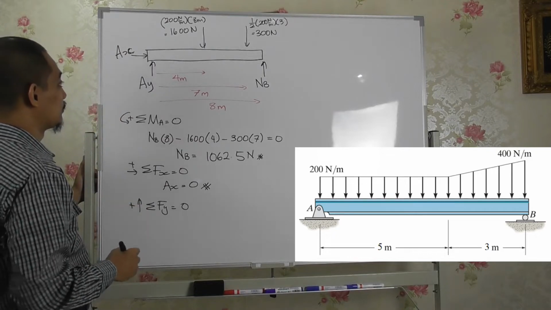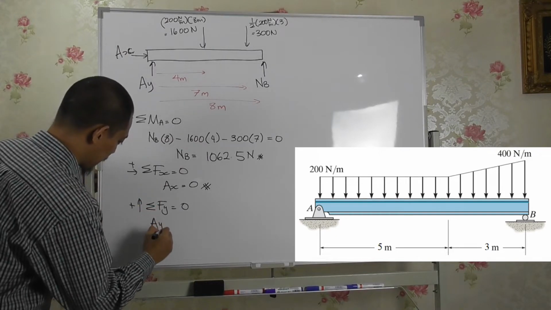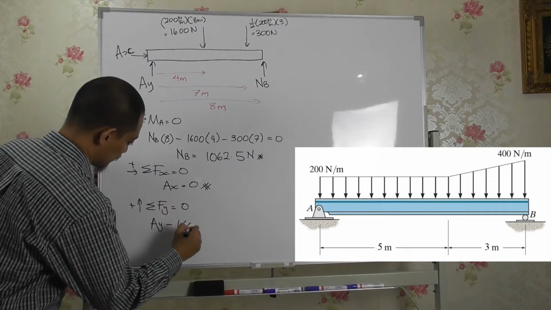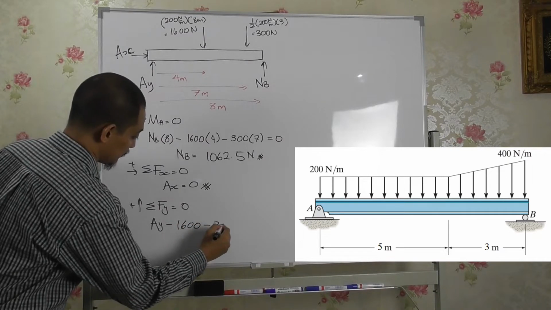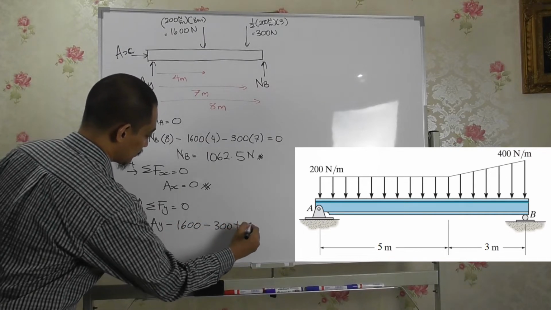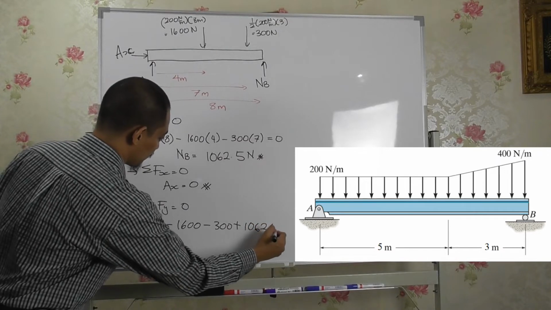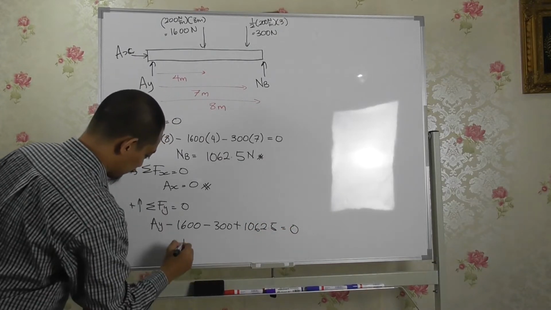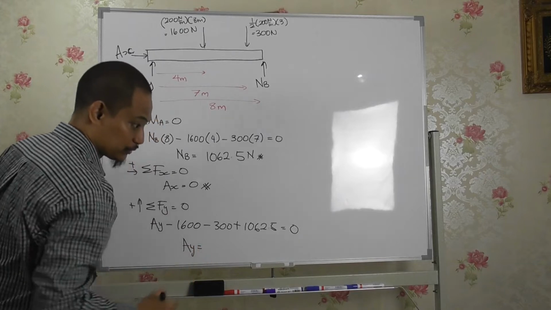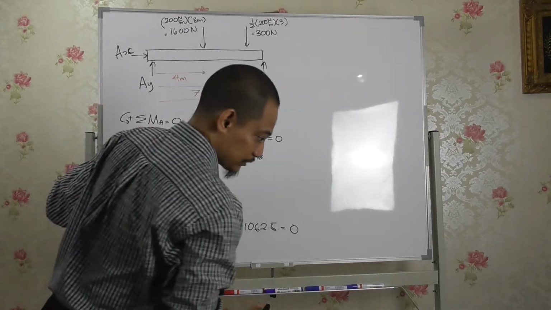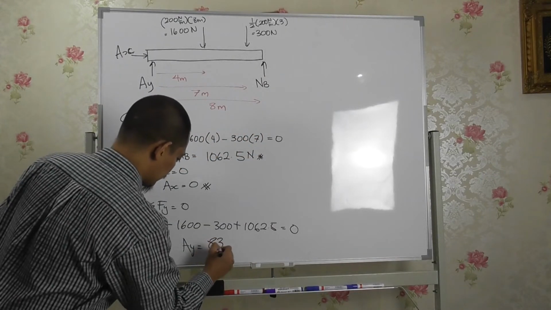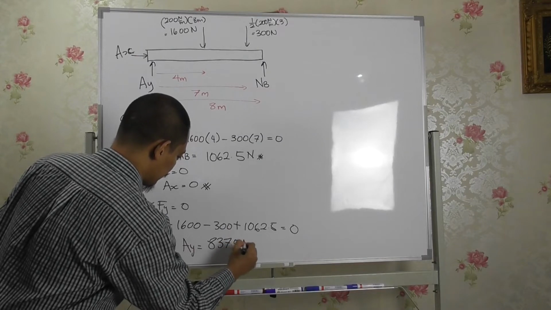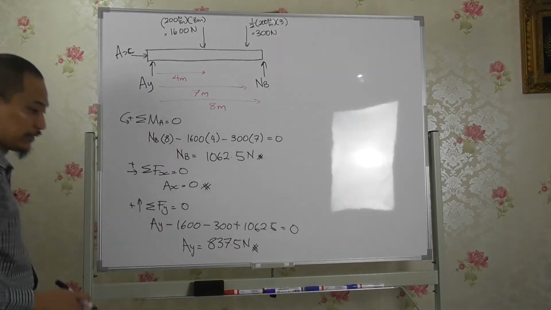Summation of Fy equal to 0, so we'll have Ay minus 1600 minus 300 plus 1062.5 equal to 0. So you can calculate Ay equal to 837.5 Newton.